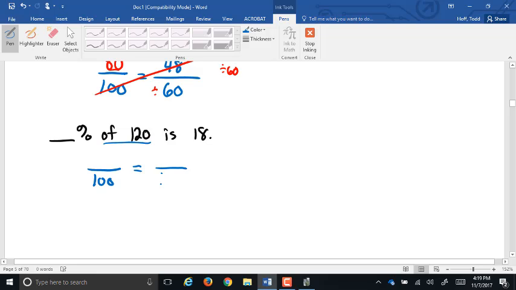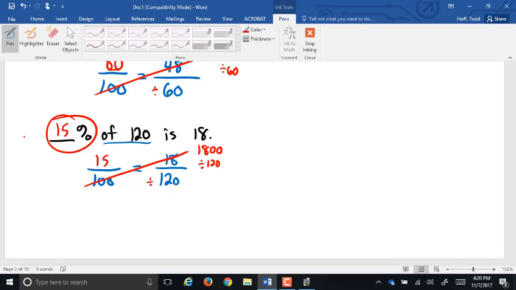Of 120 implies out of 120. It's on the bottom. 18 then better go on top. We'll cross multiply 100 times 18, 1800, divide by the 120, which will be 15. 15% of 120 is 18.